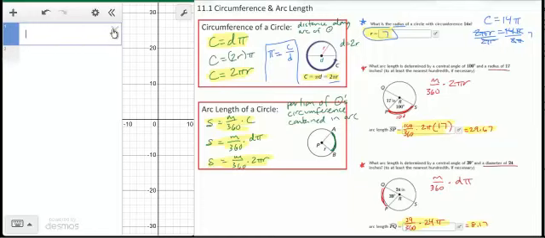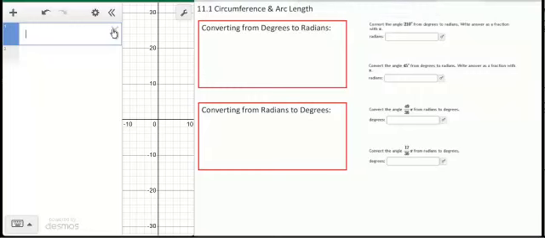11.1, in addition to this, repeats a concept that we've already talked about because I wanted to introduce it to you earlier. And that was the idea of how to convert between degrees and radians on a circle.